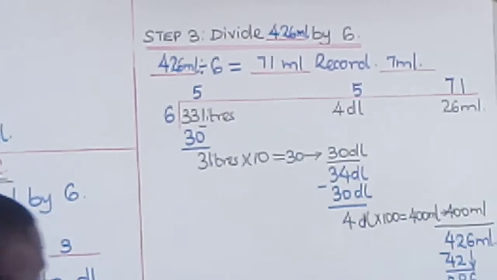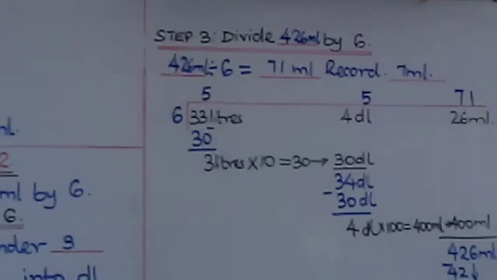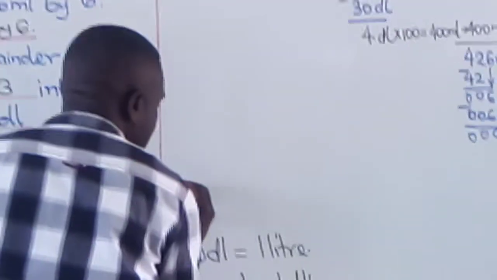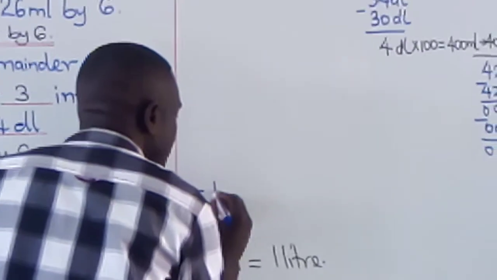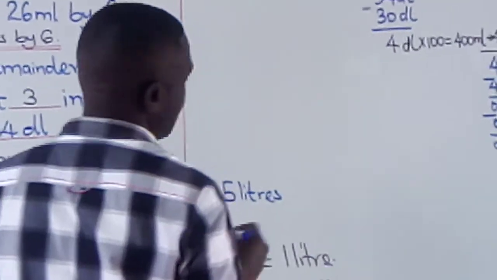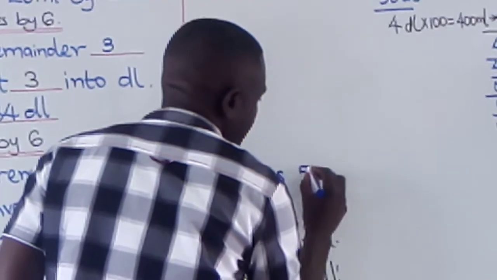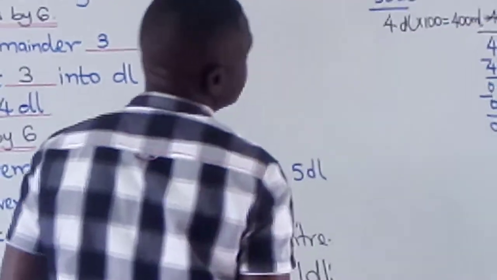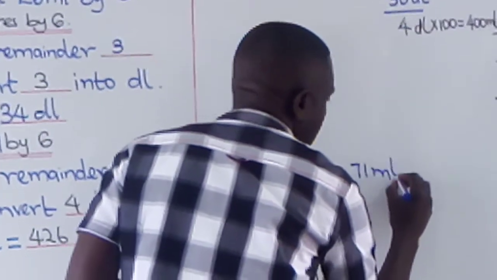Now we have completed our operation, boys and girls. And so our answer will be written down here: 5 liters, 5 deciliters, 71 milliliters.